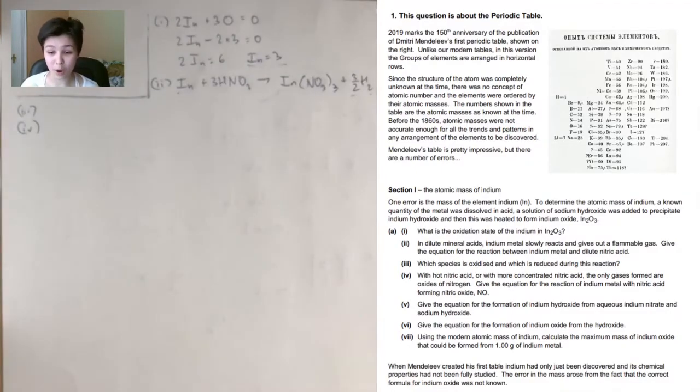For part 4, with hot nitric acid or with more concentrated nitric acid, the only gases formed are oxides of nitrogen. It's important to note that it's the only gases formed.